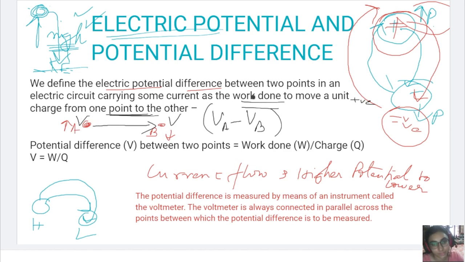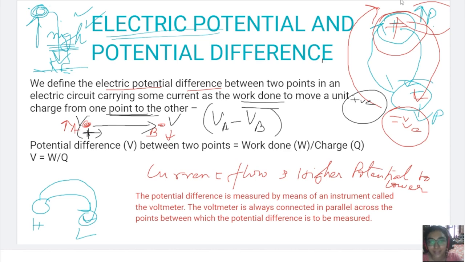is the electrical potential difference. Why I'm specifically saying positive charge is because you have to do some work to get a positive charge from the positive terminal to the negative terminal, right? So that is why we are taking it as positive charge only, because if we had taken negative charge, then the concept is getting a bit cumbersome, because we know that negative charge does always move from the negative terminal to the positive terminal.